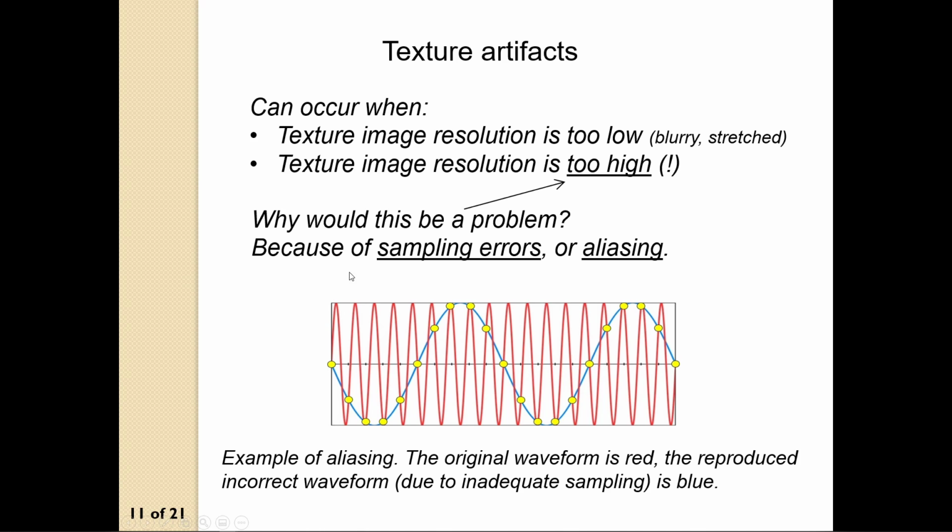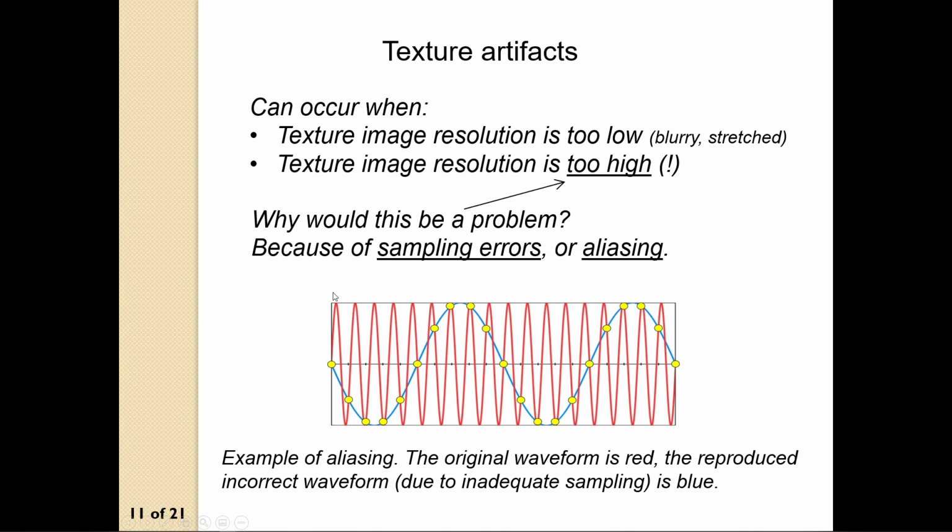Anytime you are trying to sample something, whether you're trying to spatially sample it or temporally sample it, and when we're texturing we're basically doing spatial sampling, if you don't sample it at a good enough rate, you wind up losing information or presenting the wrong information.